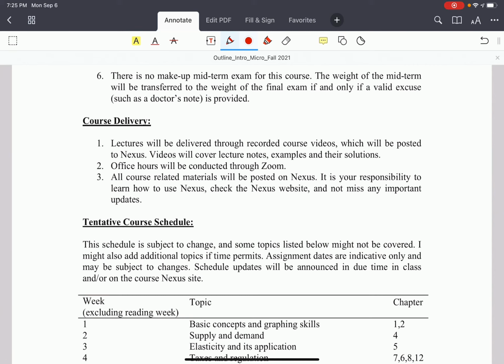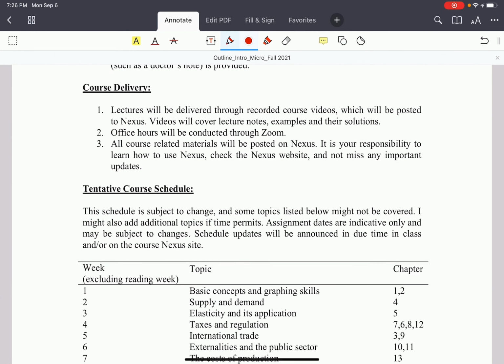As I said, office hours will be through Zoom, and the time is 2 p.m. to 3 p.m. and you have the link. And finally, everything will be posted on Nexus. And obviously, you have to learn how to use Nexus properly to learn effectively in this class.